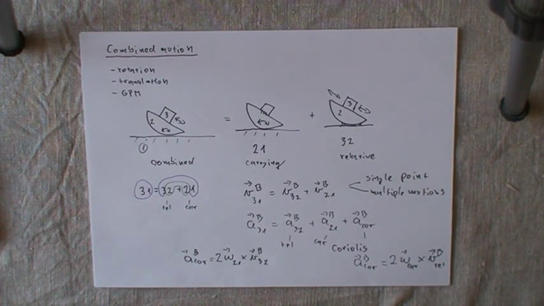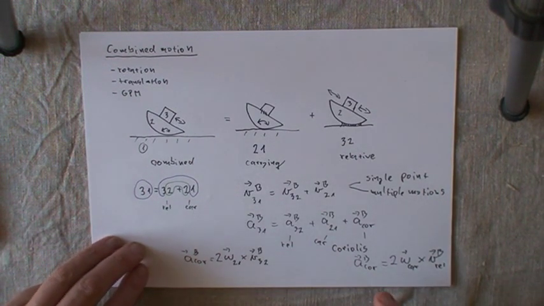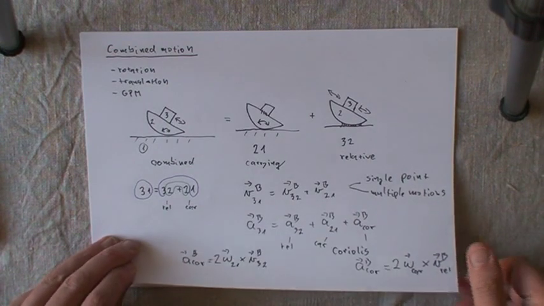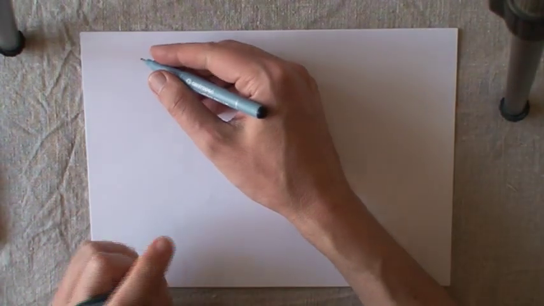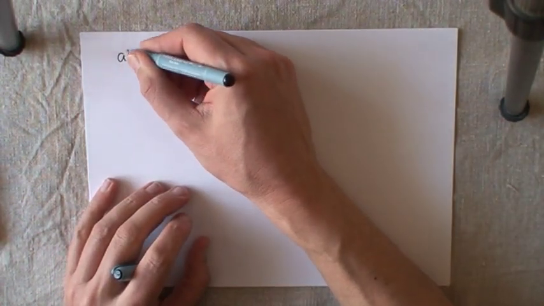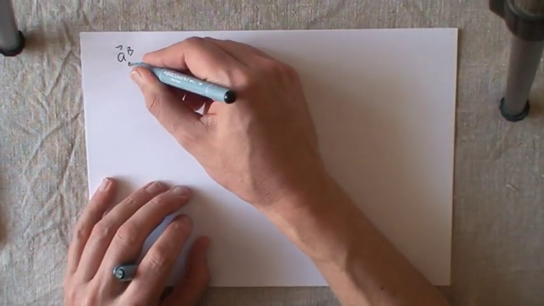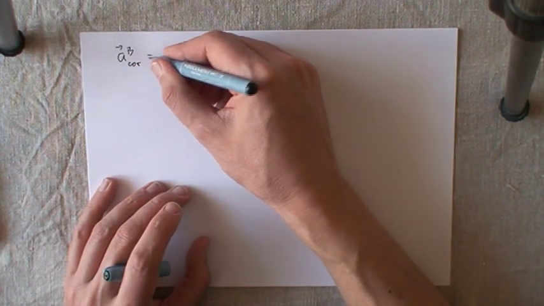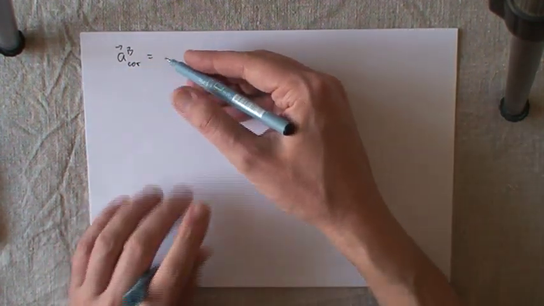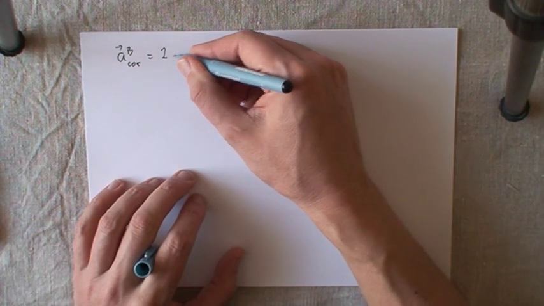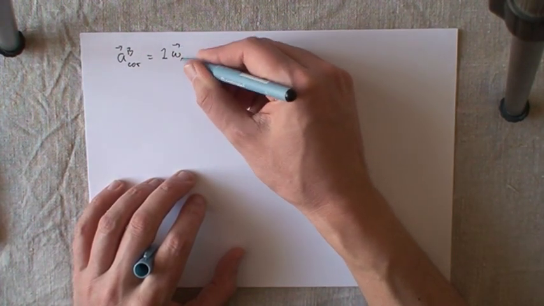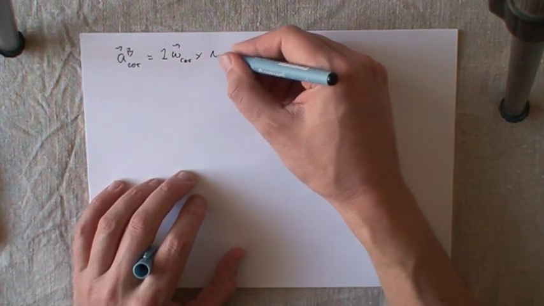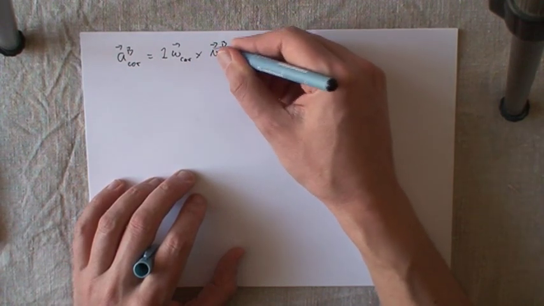Okay? Now let's hold on for a moment with this Coriolis acceleration. When is the Coriolis acceleration equal to 0? And actually where does this acceleration component come from? It will be 2 omega carrying times V of point B relative.